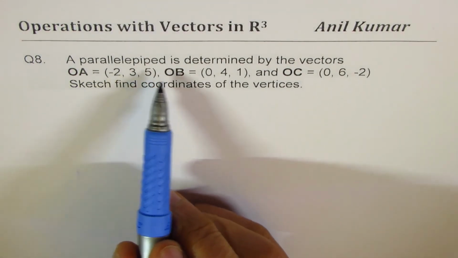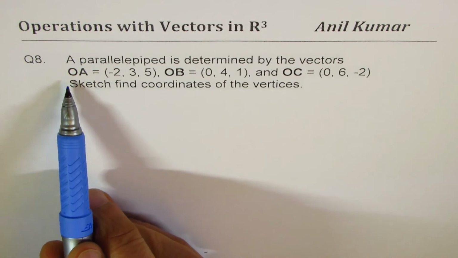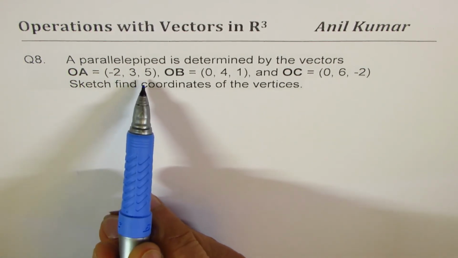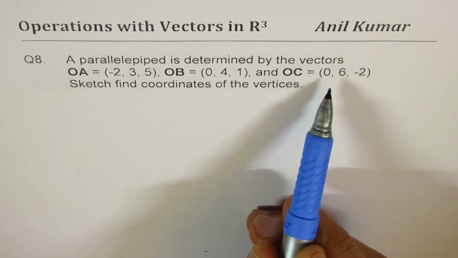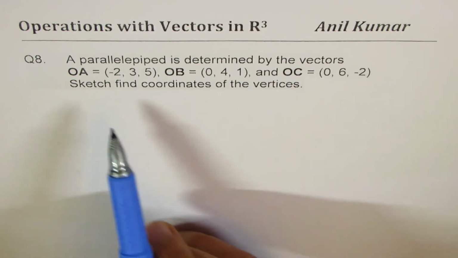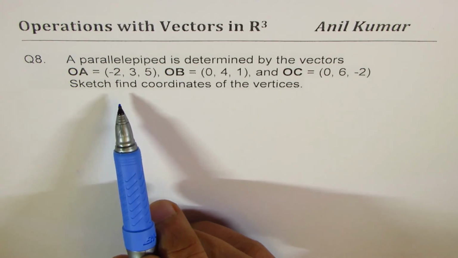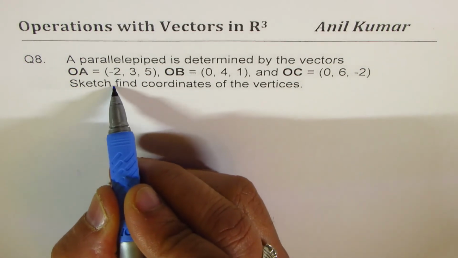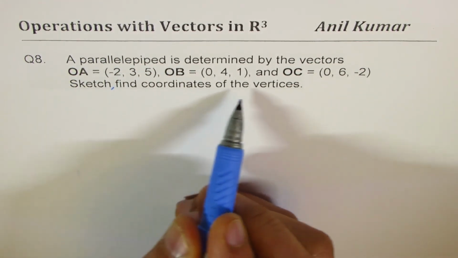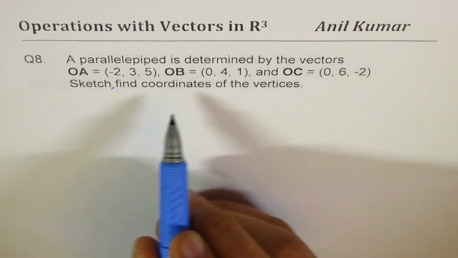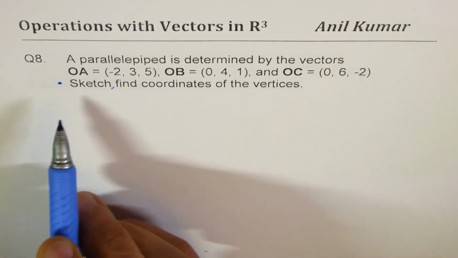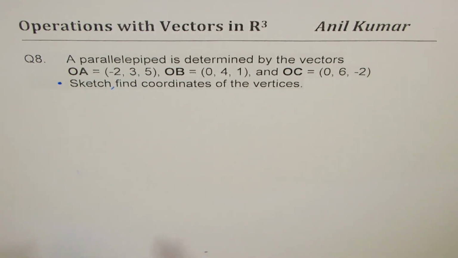A parallelepiped is determined by the vectors OA minus 2, 3, 5, OB 0, 4, 1, and OC 0, 6, minus 2. Sketch the parallelepiped and find coordinates of the vertices. So there's something missing here, but I hope you understand. So part 1 is to sketch the parallelepiped, and part 2 is to find the coordinates of the vertices.